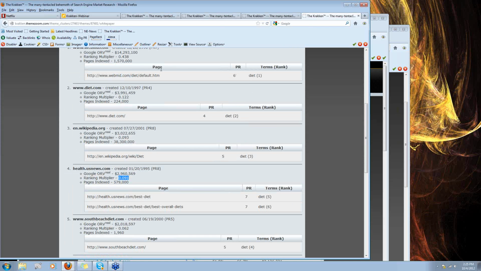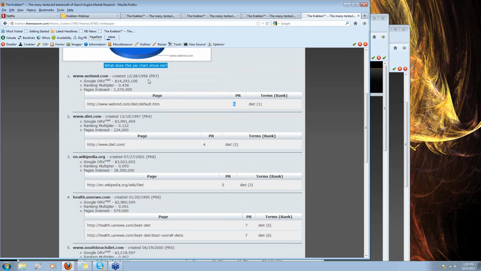So as I look here, it's going to show you the actual page that's ranked. It's going to show you the PR for the page as opposed to this one, which is the PR for the site. So this helps to give you a feel for, okay, WebMD, page rank 7, 1996 site, and it's got 1.5 million pages indexed.